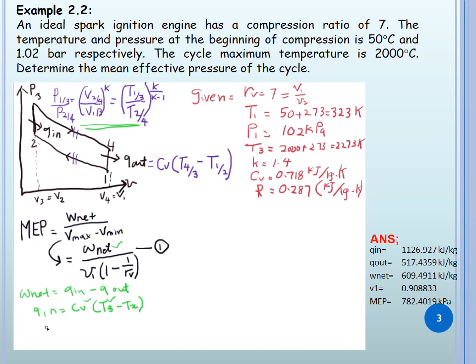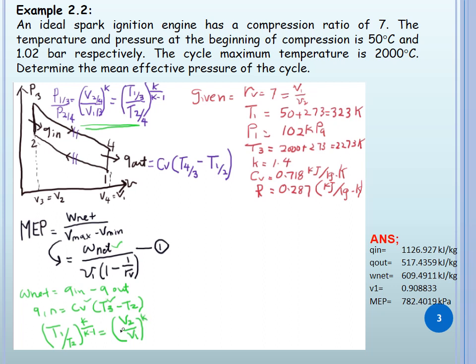From the isentropic equation we have T1 over T2, to the power of K minus 1, equal to V2 over V1.